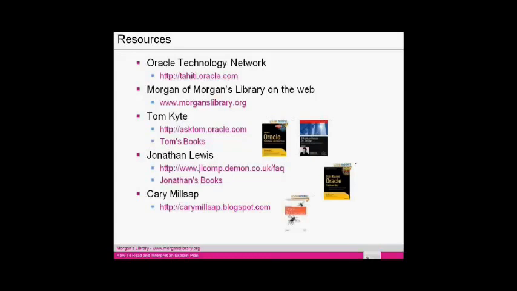If you want to get deeper into the optimizer, deeper into understanding how it works and why it makes the decisions it makes, Jonathan Lewis is the best source on that. Both his Cost-Based Oracle book and also his frequently asked questions on his website. And for tuning methodology, I don't think there is anything better than Cary Millsap's blog and Cary's book as well.